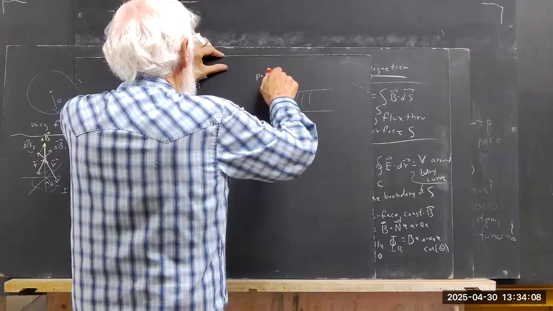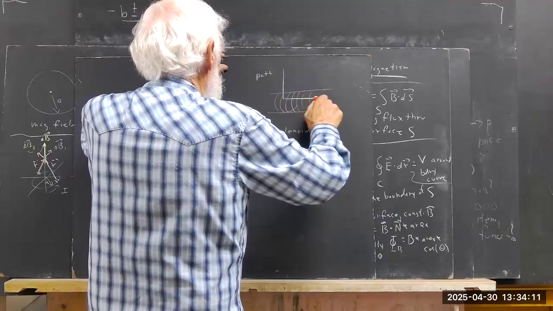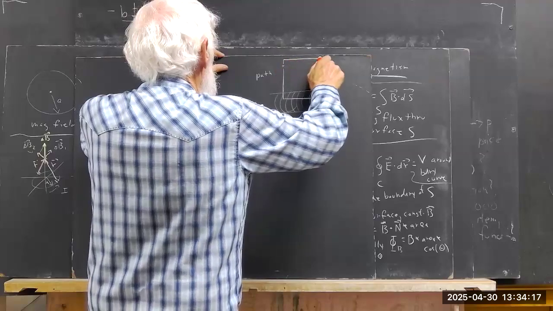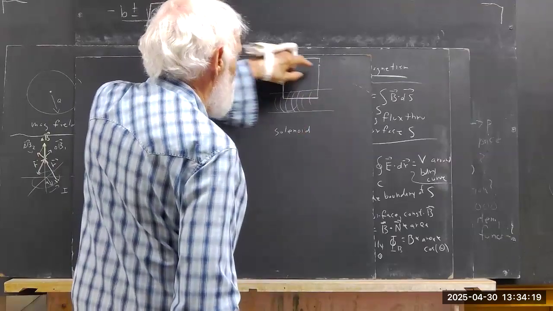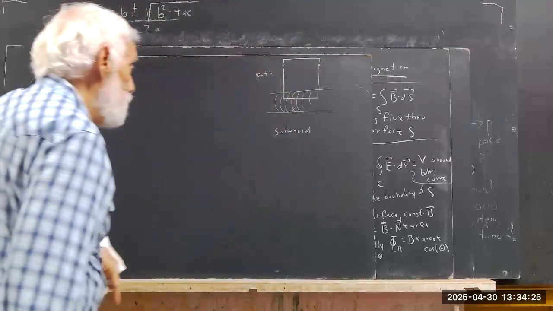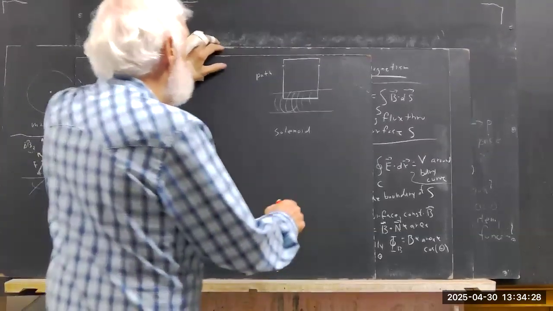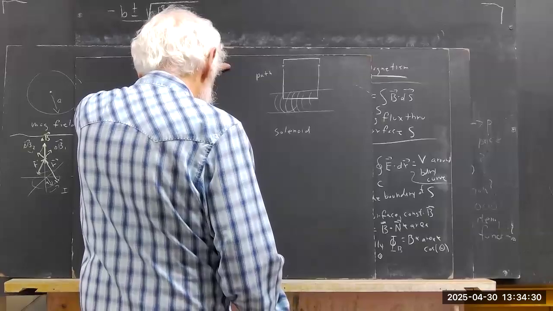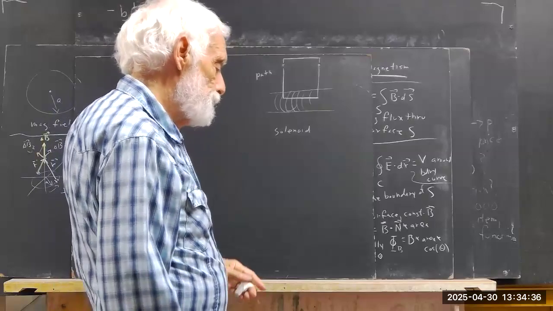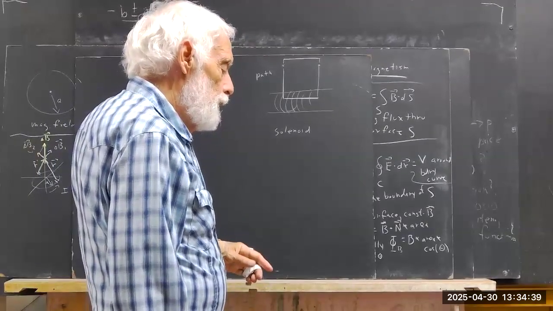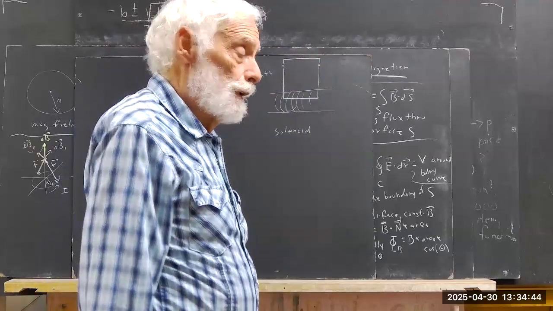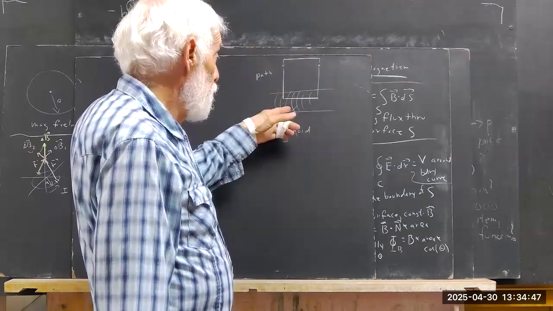You go along this path, where the break here just indicates that this edge is way away from the solenoid. Then the integral of the magnetic field around this path is related to how much current flows through this path.